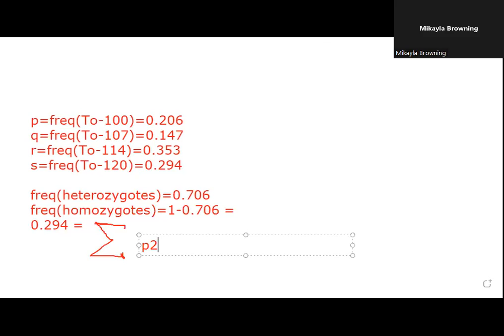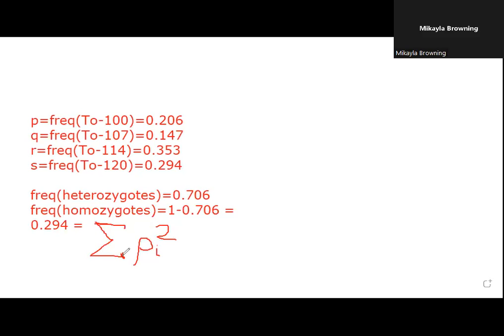Let every allele frequency be P1, P2, P3, so we can just index allele frequencies as Pi. So the frequency of homozygotes is the sum of the squares of all the allele frequencies. You just have to calculate 0.206 squared plus 0.147 squared plus 0.353 squared plus 0.294 squared.